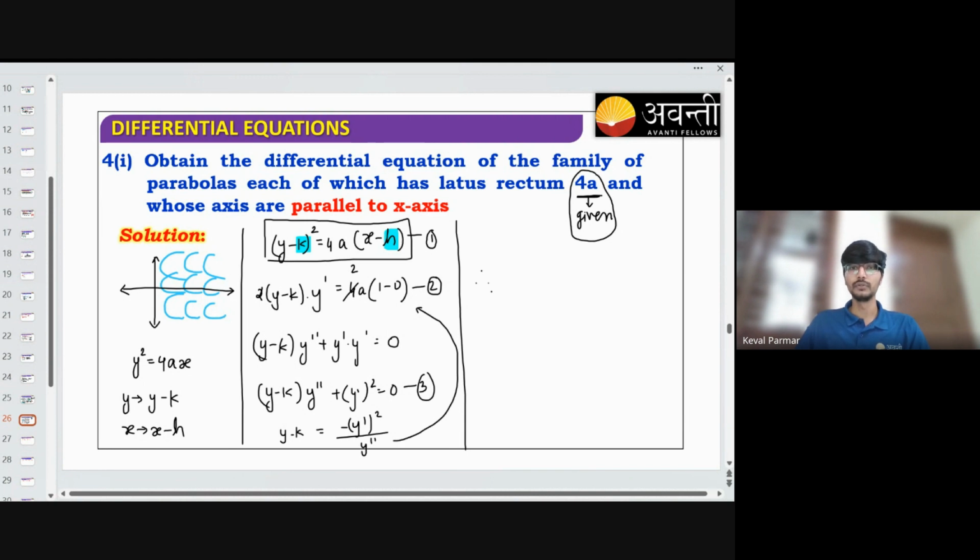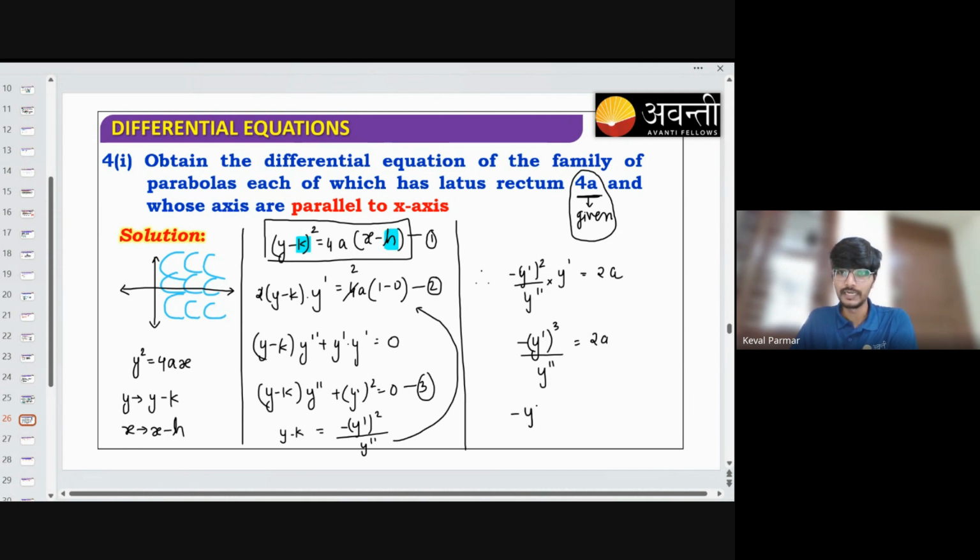So therefore, I'll get minus y dash square upon y double dash into y dash, substituted in equation 2, is equals to 2a. So here in the numerator we get minus y dash cube upon y double dash is equal to 2a. We can cross multiply.